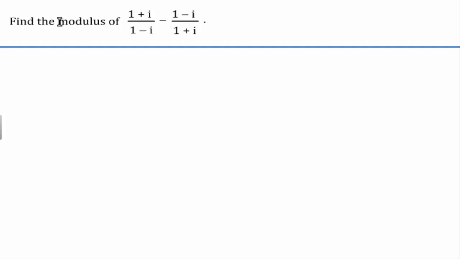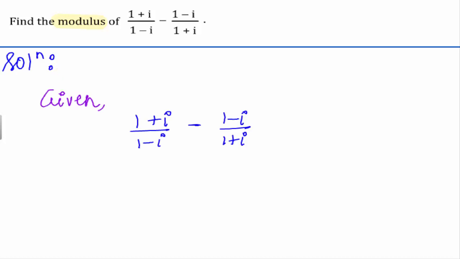In this question, we need to find the modulus of the given complex number. Let us see the solution. The given complex number is (1 plus i) divided by (1 minus i) minus (1 minus i) divided by (1 plus i).